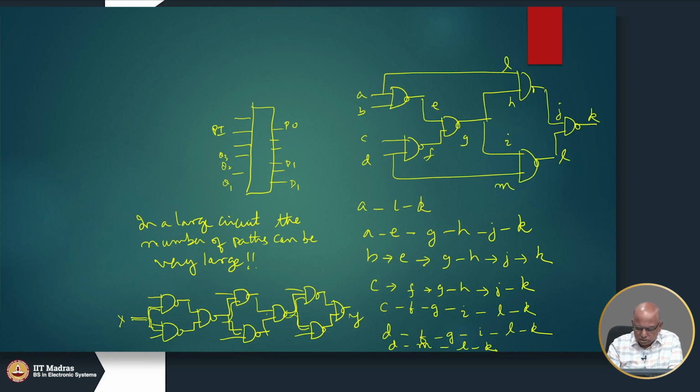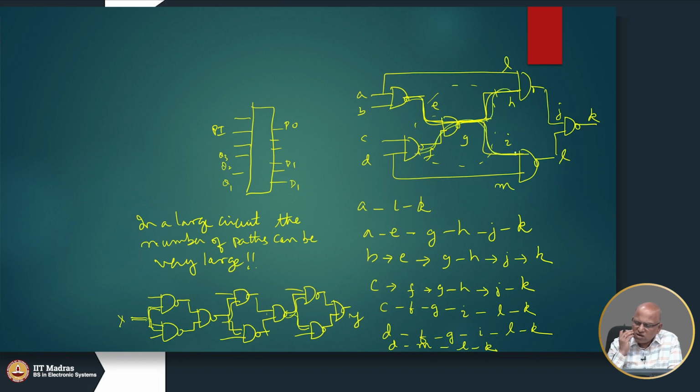If I end up with these kinds of convergent fan outs, the number of paths will go up. These convergent fan outs, where things converge here and then again branch out, cause a lot of problems. They increase the number of paths. From E I can go like this, like this, like this, like this.